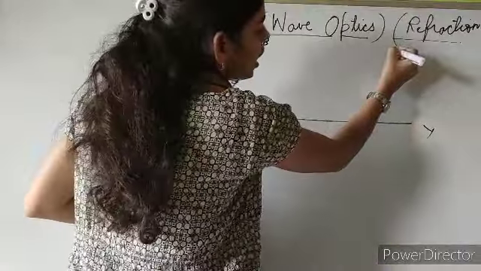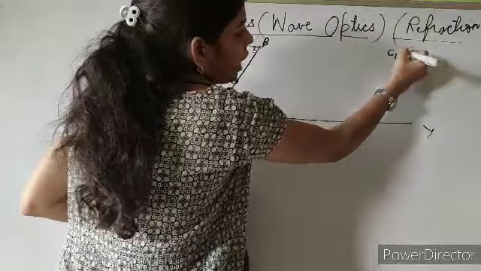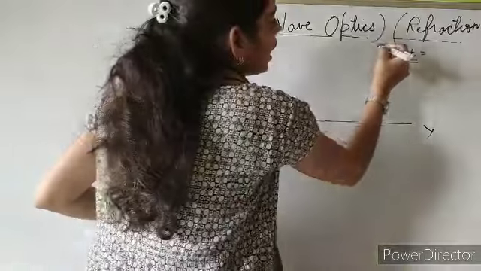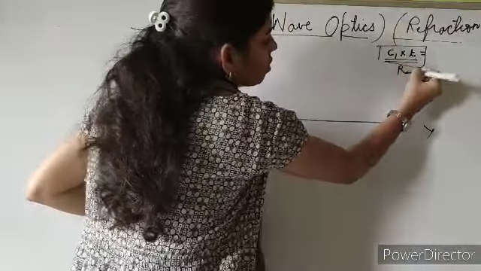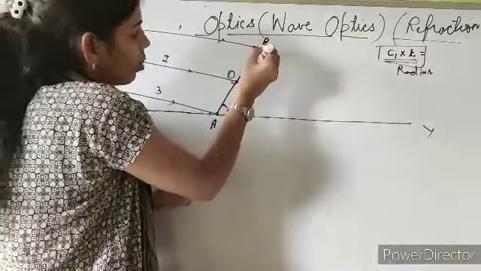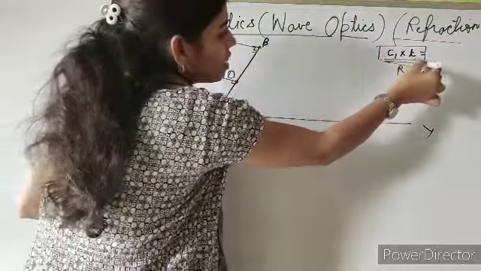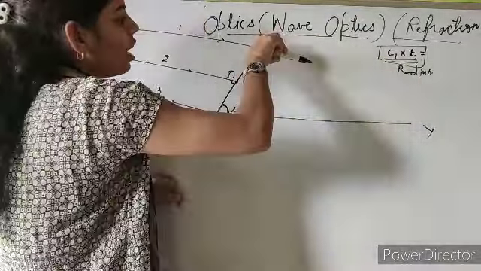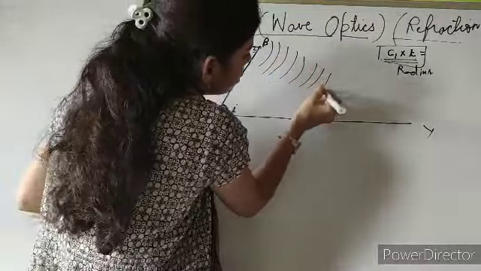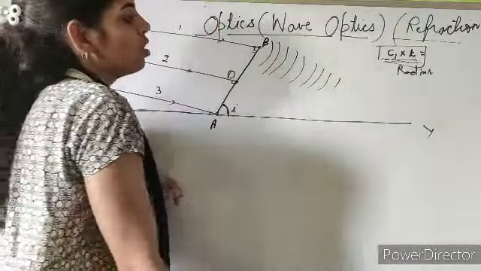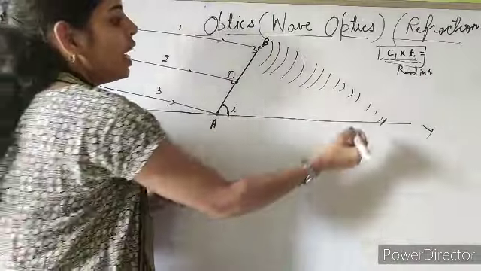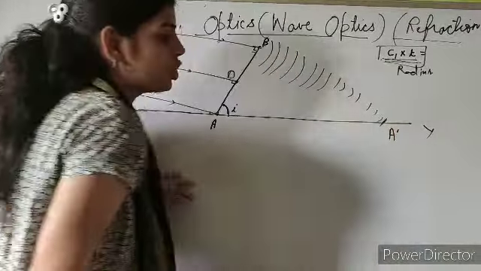Suppose secondary wavelets are traveling with speed c1, and in time t they have traveled this much distance. So I will take c1 into t as the radius, and consider B as the center. Making B as the center and taking this much distance as the radius, I will draw an arc, or you can say secondary wavelets would travel like this, covering this distance in time t, and they will strike the interface at this point, which we mark as A dash.